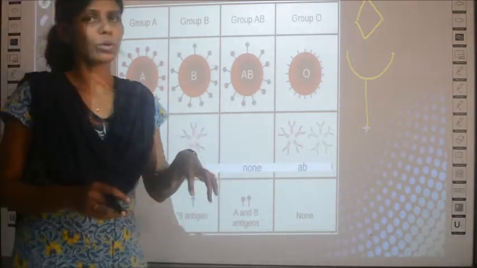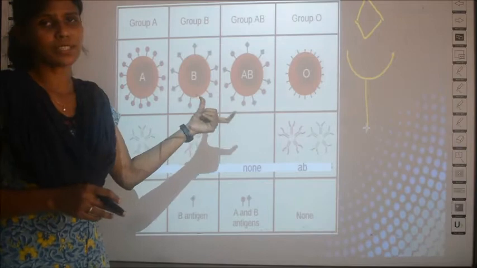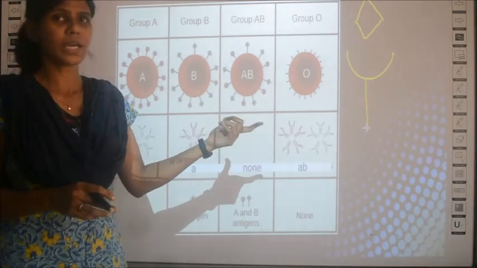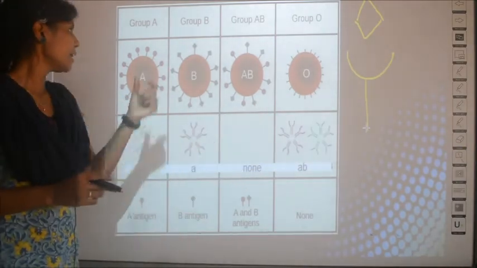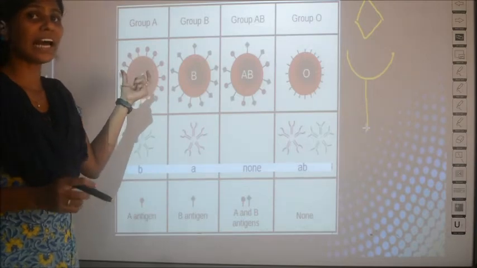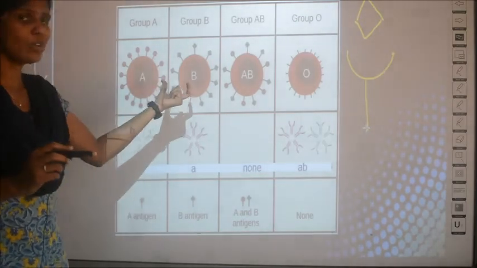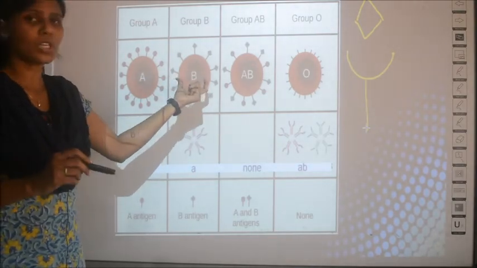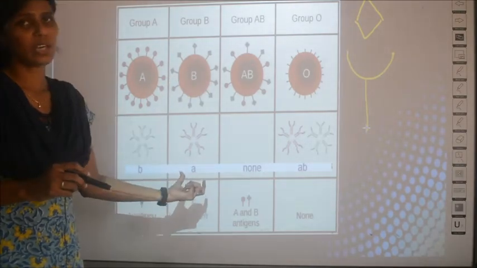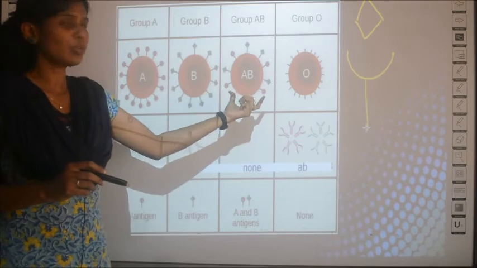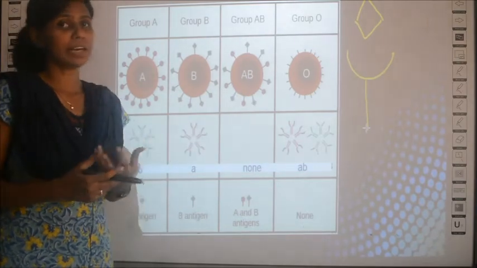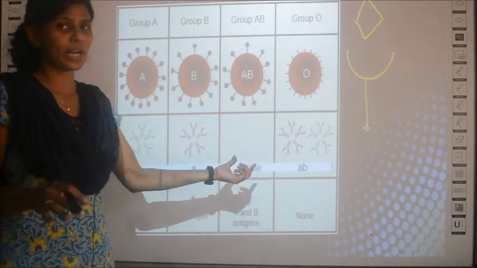So, for today's homework you will draw this chart and send me. Okay? So, what did we learn? A blood group people will always have antigen A, antibody B. B blood group people will have antigen B and antibody A. And AB blood group people will have both types of antigens but no antibodies.